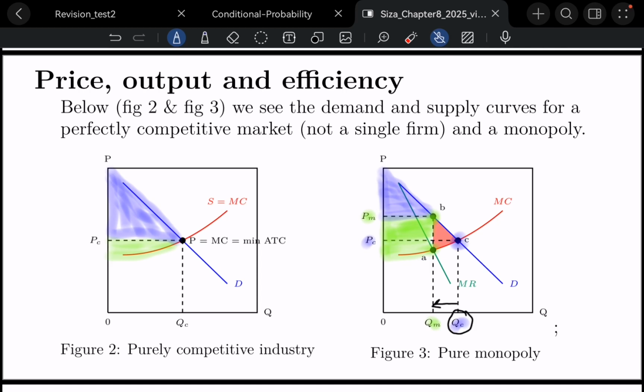In some cases, some people also show it with regards to the price, that the price is higher, and this overall gets reflected in a lower consumer surplus. Okay. So those are the economic effects that we talk about: price, output, efficiency, and that's the information we have regarding the economic effects when we compare a monopoly to a perfectly competitive market.